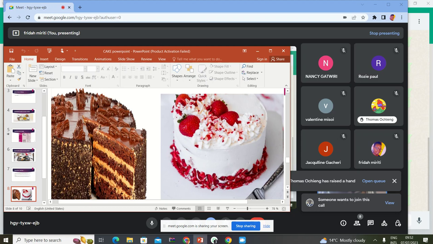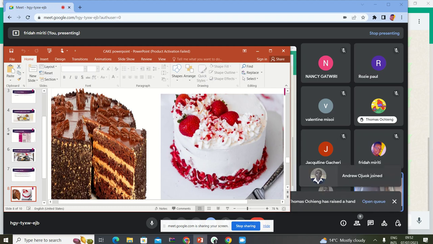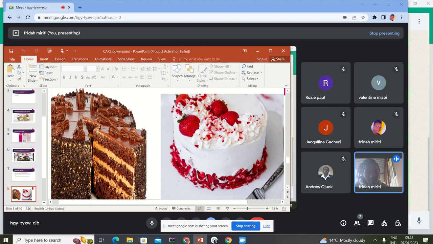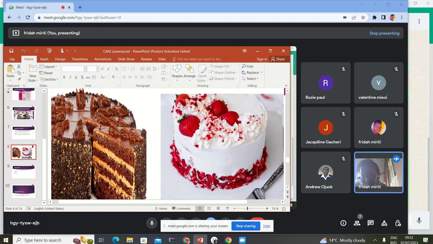We said that we use the dry powders, the chocolate, the coffee. This is the type of the chocolate cake. We talked about the fruit cakes. We have the strawberries here that have been used to garnish our cakes. We also have the fruits that are used when baking the cake like sultanas. So in our case here, we have just used the fruits to decorate.